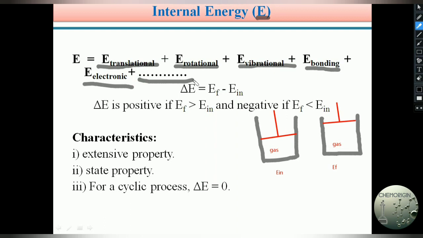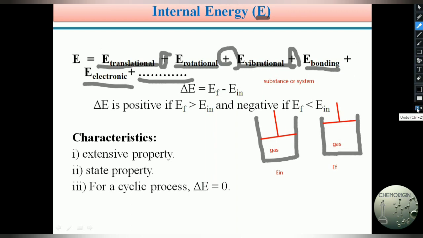So a substance or a system may have different types of energies. The sum of these different types of energies present in a system or a substance is called internal energy. It is denoted with the letter E, capital E.